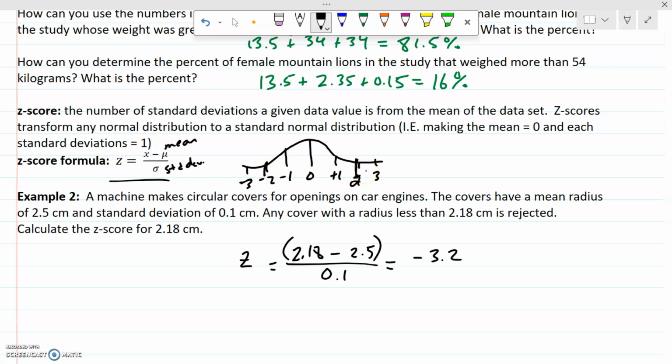Things go extreme on both ends. Negative means below. A z-score is a form of standard deviation, so negative 3.2 is 3.2 standard deviations below. If it's positive, it's 3.2 standard deviations above. An example of this would be children at the pediatrician's office. They usually use this type of data when they talk about kids and where they're at.